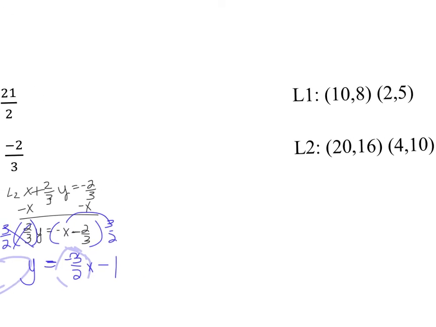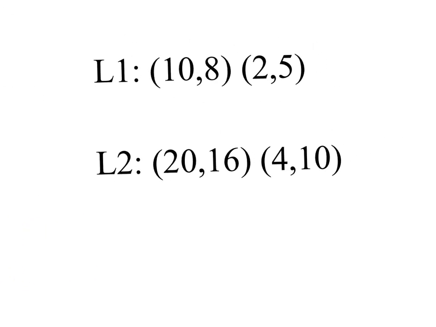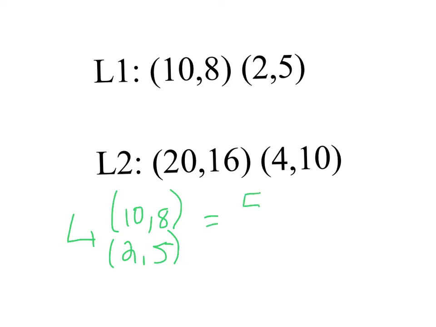What do I do here? I need the slope. Do I have a formula that we know to find slope? Sure do. So for line 1, I'm going to say (10, 8) and (2, 5). Be careful when you do this, guys. Don't make silly mistakes. Take your time. I'm going to say 5 minus 8, and then 2 minus 10.